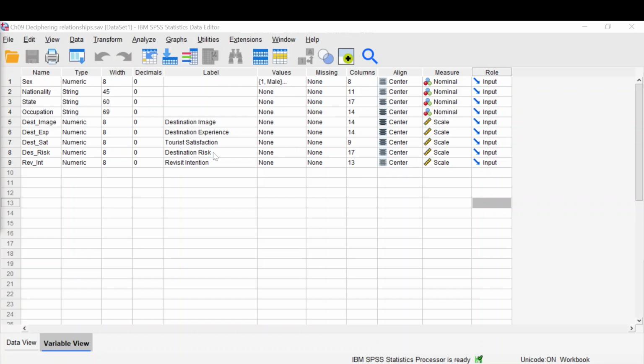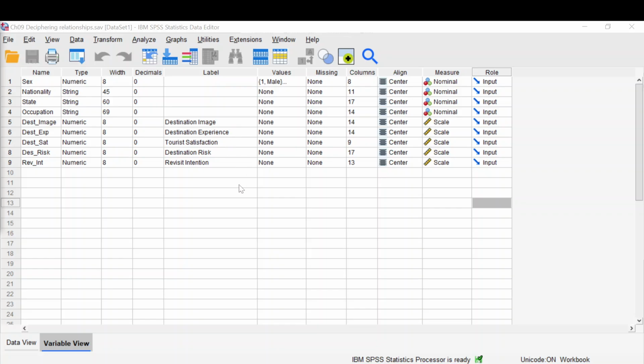Destination image and destination risk move in the same direction across the Likert scale responses. In other words, if people have low image scores or Likert scale responses, they should also have low risk responses, and vice versa. So that's a positive correlation. We'll also look at negative, inverse correlations as well.